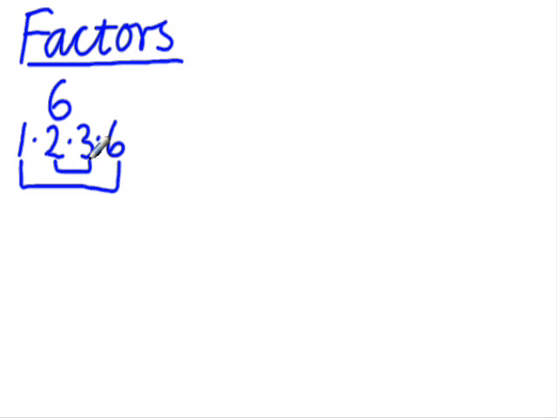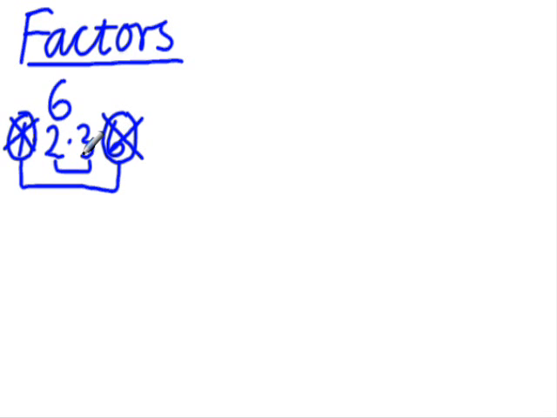Now, the number 1 is a factor of every number, and the number 6, the same as the number itself. A factor of a number is always the number itself. And so when we are looking at factors in fractions, we don't need to use 1 and 6.